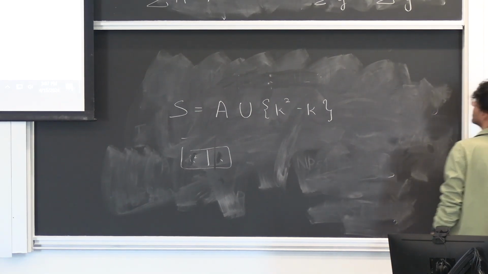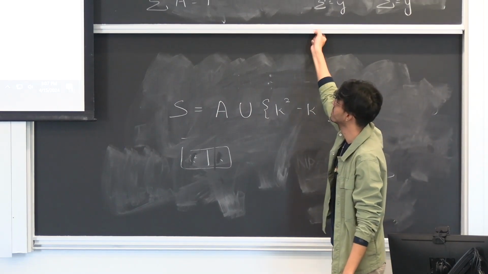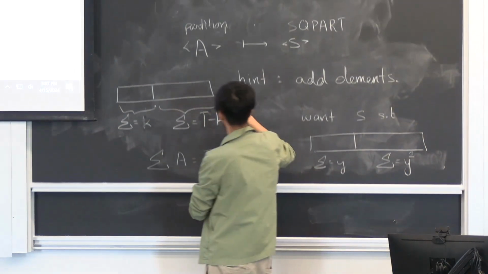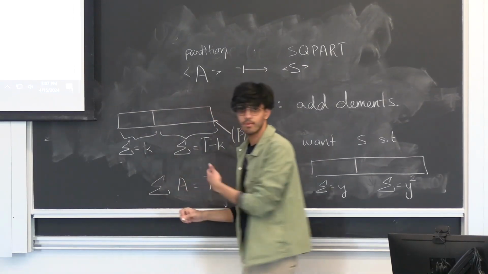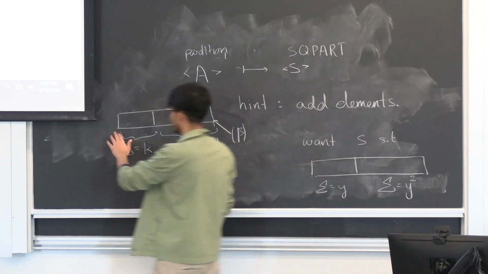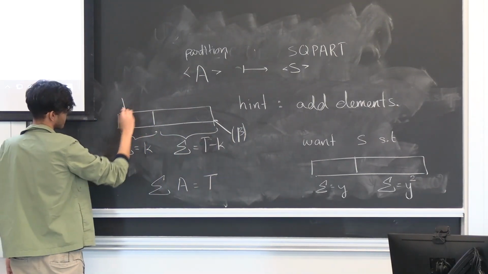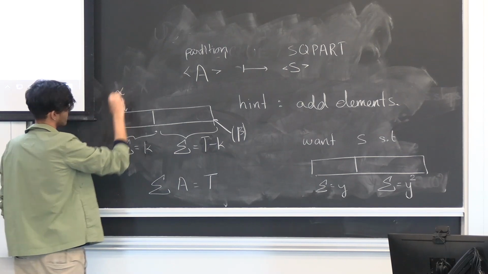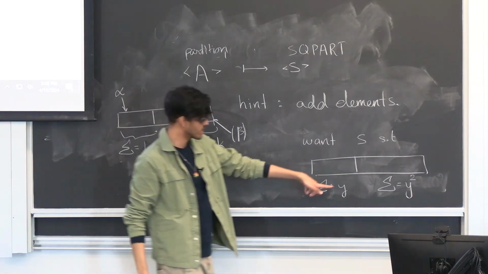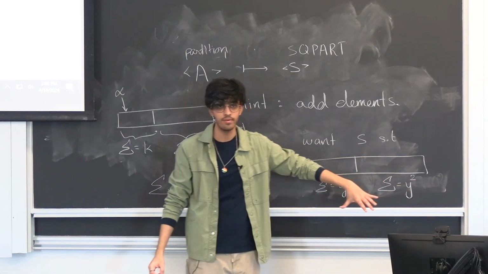So let's say I added to this part some number beta. And to this first part, that gives you the subset sum k, I added alpha. And I want that to somehow become y and y squared.